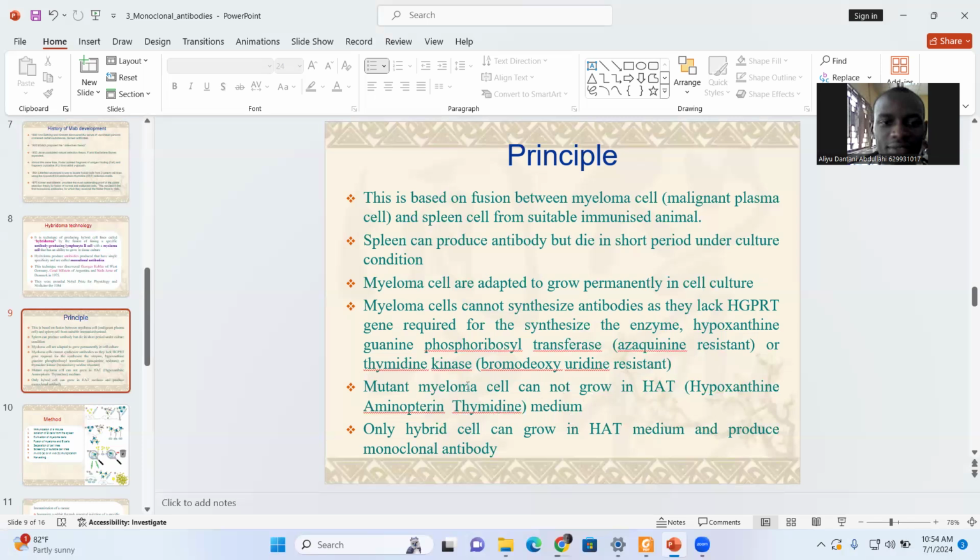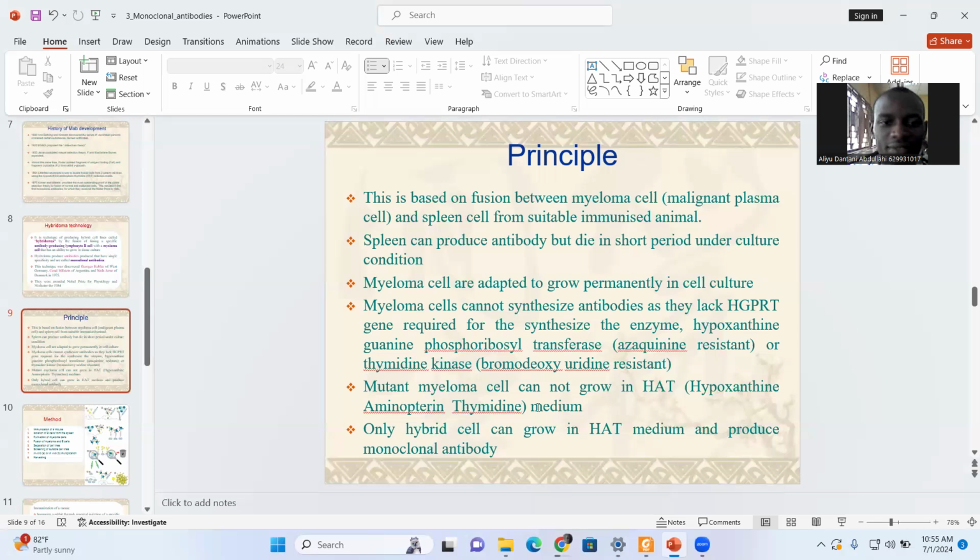So the cancer cell alone, if it isn't fused to an antibody producing B lymphocyte from spleen cell, cannot grow in this media. Or if you fuse a cancer cell, the myeloma cell, with the antibody producing B cell, they grow excellently. So you can use this medium for screening. Basically, that's what they're saying. If you produce your hybrid myeloma cell plus B cell, you use this medium to screen.